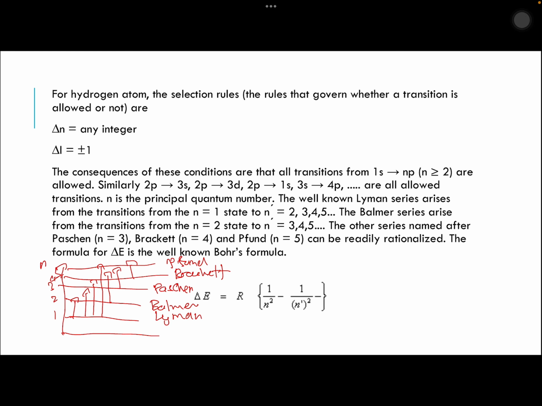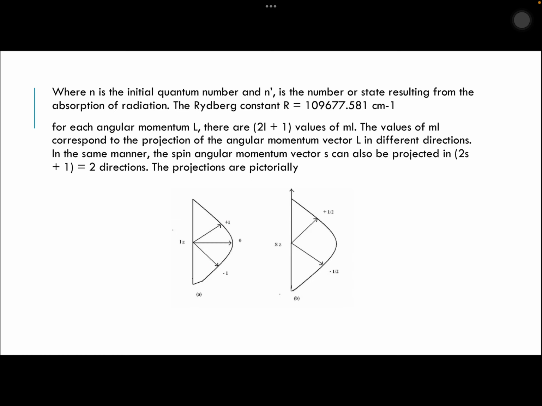We know this when we study the Bohr formula, where n is the initial quantum number and n is the number of states resulting from the excitation by radiation, and R is the Rydberg constant.